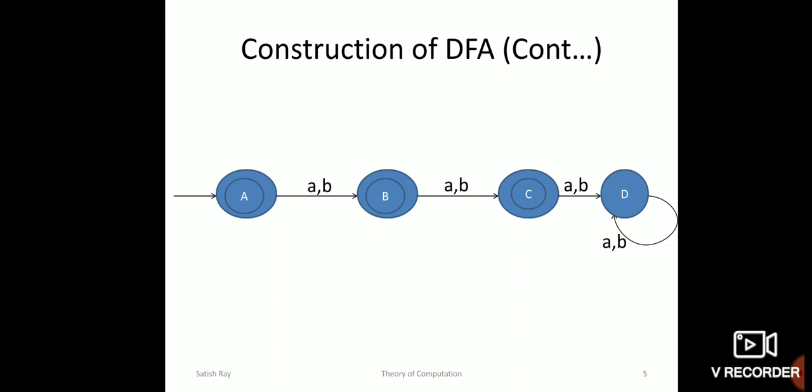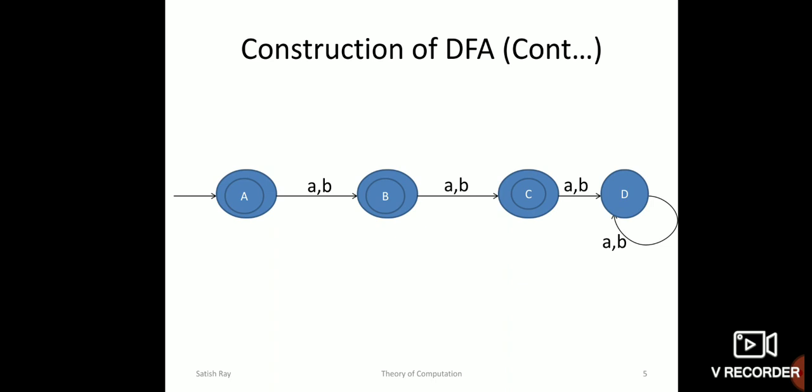From initial state A, on input small a, the next state will be B. From state B on input small a, the next state will be C. From state C on input small a, the next state will be D. And D is not a final state. So the string of length 3 will be rejected.